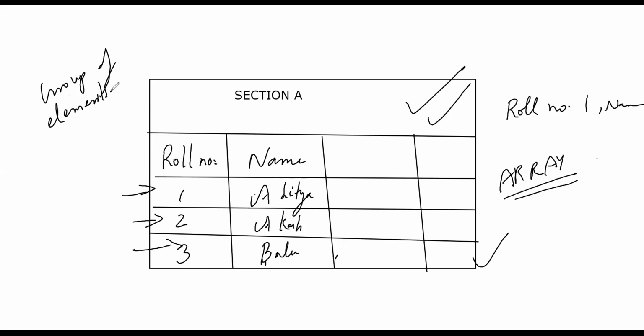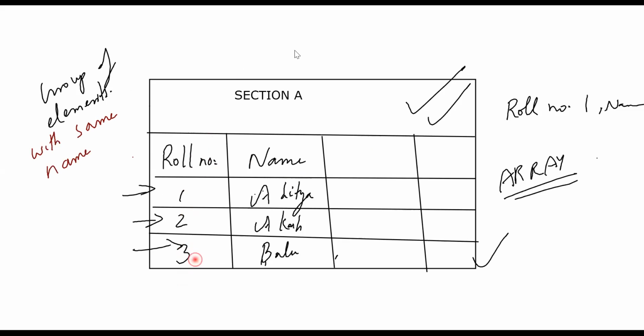What are my elements here? My elements here are roll number and name. Roll number 1, 2, 3. Again, am I repeating roll number? No. That's the reason. Group of elements with same name. The name is same. What is the meaning here?